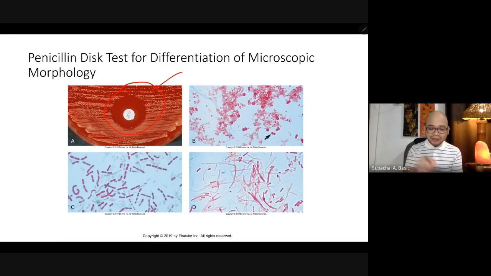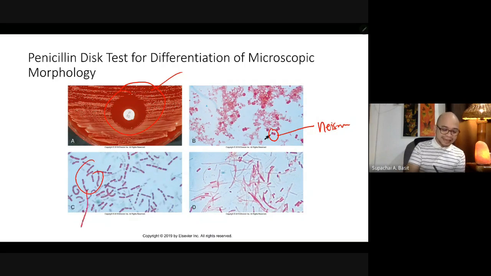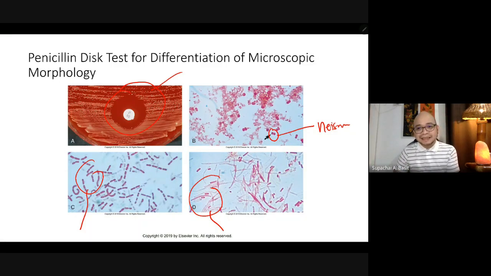And when you look at the morphology, if we're looking at gram-negative diplococci, then it is Neisseria. So this could be Kingella and this could be Acinetobacter. That way we can differentiate Neisseria from other bacteria. But this one is very important, the 10-unit penicillin disc.